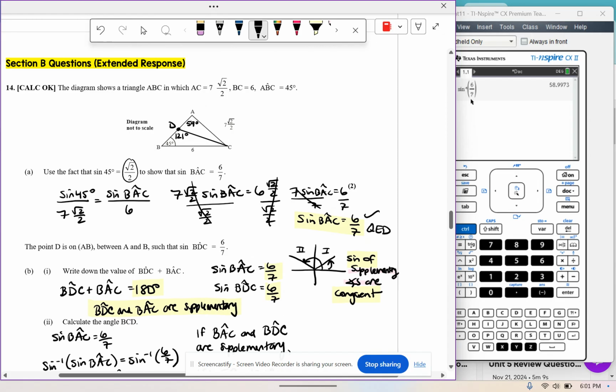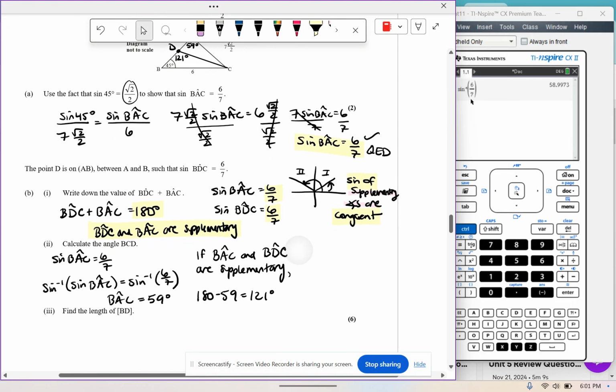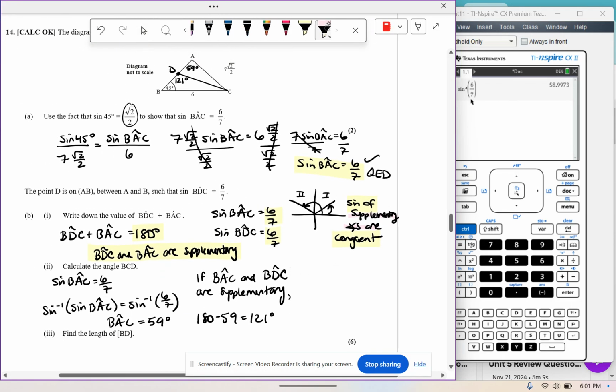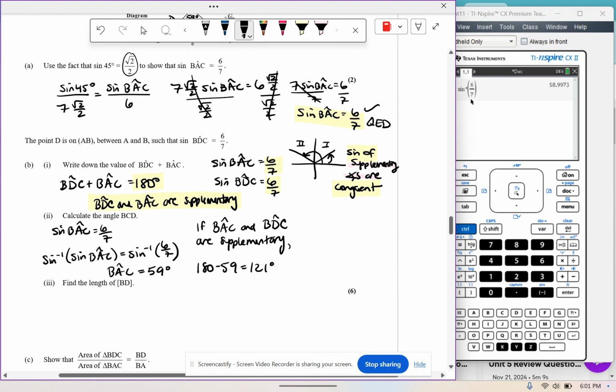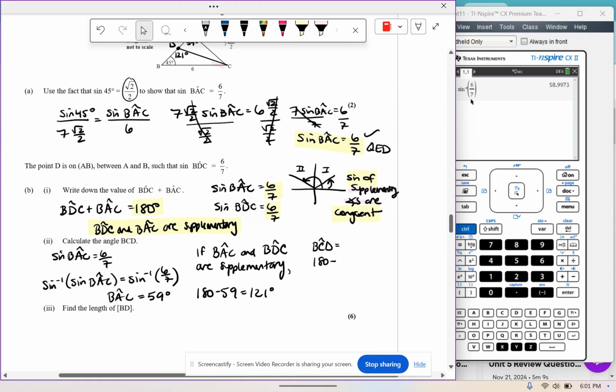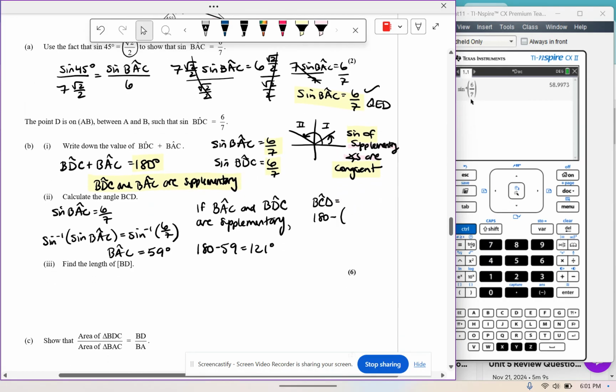And I had to do all of this so I could figure out what BCD is. BCD is going to be this angle over here. So therefore, BCD is equal to 180 minus the other two angles. So 121 plus 45, that's going to give me 180 minus that, so BCD is 14.